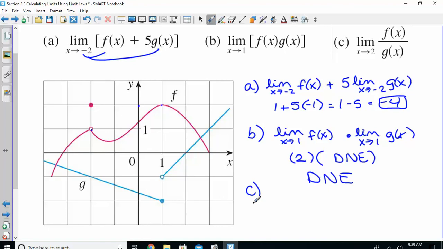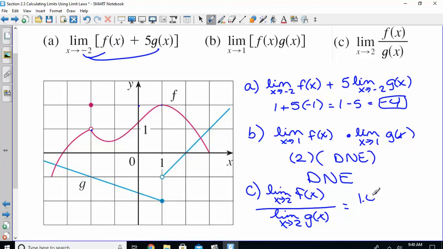Okay, C, I'm asking for the limit of the quotient, so all we have to do is the individuals. So the limit of the top divided by the limit of the bottom. So f, as x is approaching 2 this time, what's f going to? 1.4-ish, not quite 1.5.